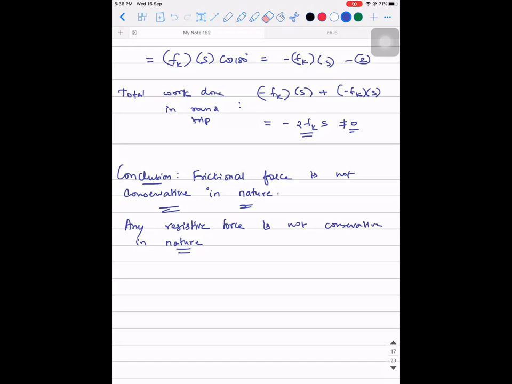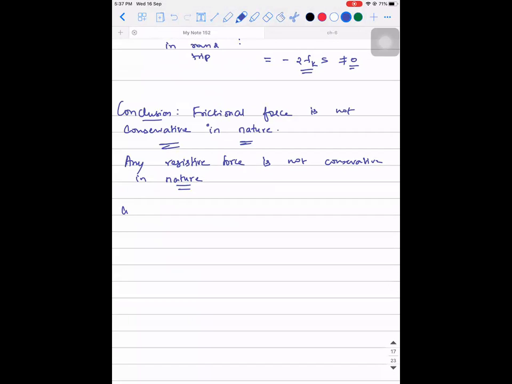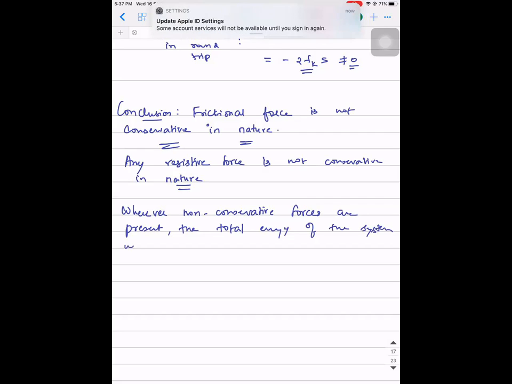So what we are trying to say here is whenever you have a system and there is a non-conservative force acting in the system, there will always be loss of energy. So please make a note of it. Wherever non-conservative forces are present, the total energy of the system will not be conserved.